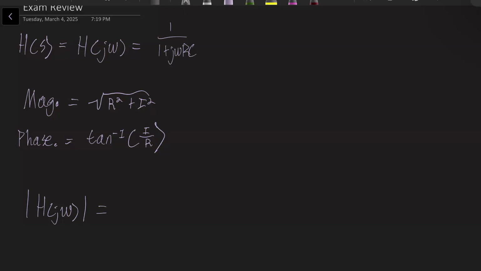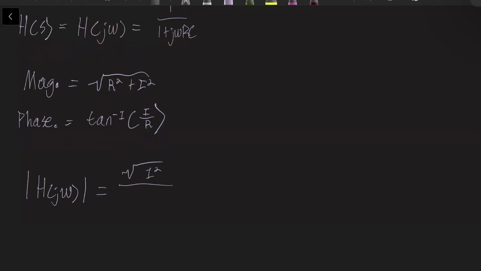So we're going to have the square root of 1 squared, which simplifies to 1. But in our denominator, we have our real component as 1, and we have our imaginary component as omega RC. So we're going to get the square root of 1 squared plus, drop the j, omega squared R squared C squared.